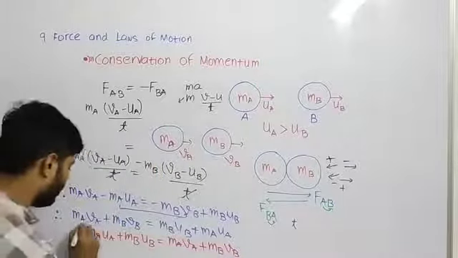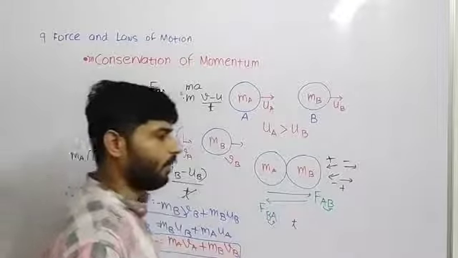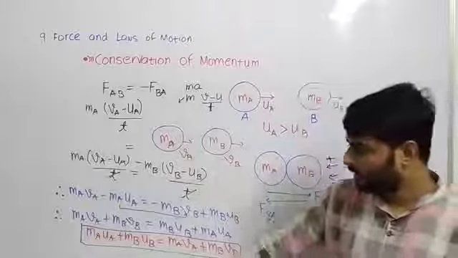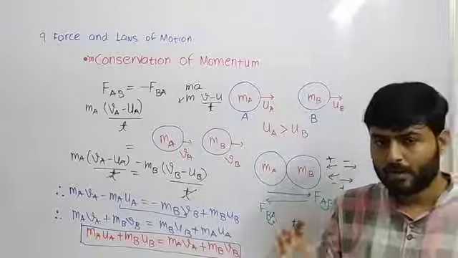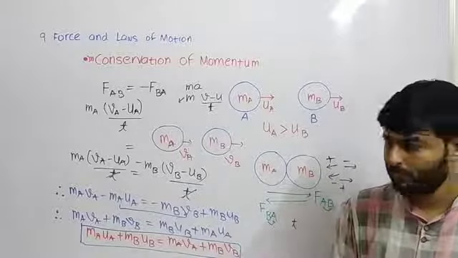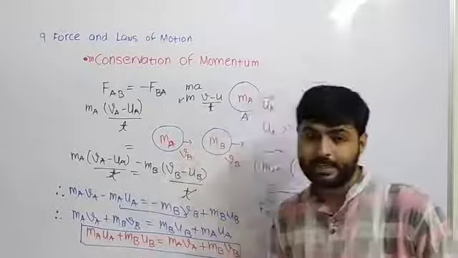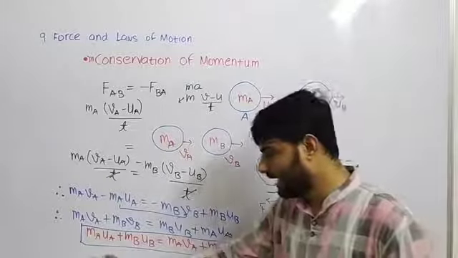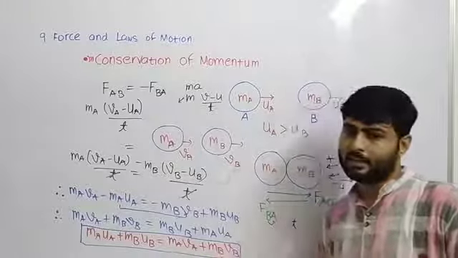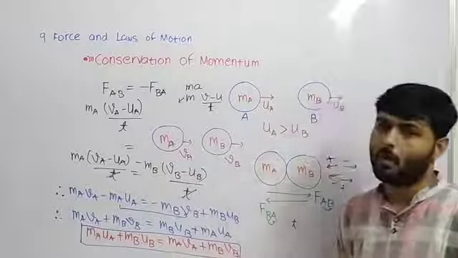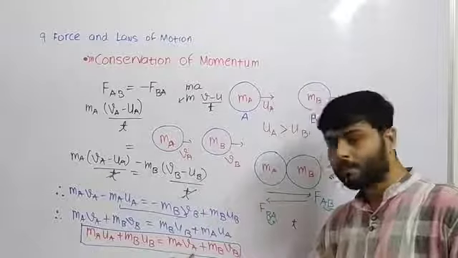So this is our relation for conservation of momentum. I can read this equation like this. For an ideal collision, the initial momentum of ball A and B will be equal to the final momentum of ball A and ball B. This is initial momentum, this is final momentum.